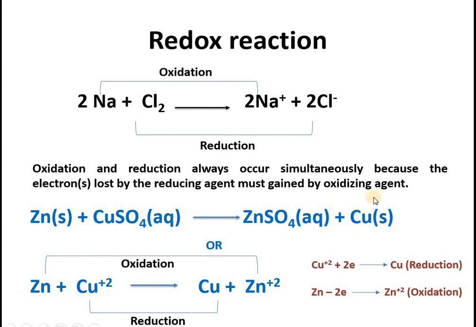And copper is not attached with anyone, so its valence state is 0. So zinc to zinc plus 2, 0 to plus 2, that is an increase, so oxidation. Plus 2 to 0, that is a decrease, so it is reduction. So I have shown here how this oxidation and reduction has taken place.